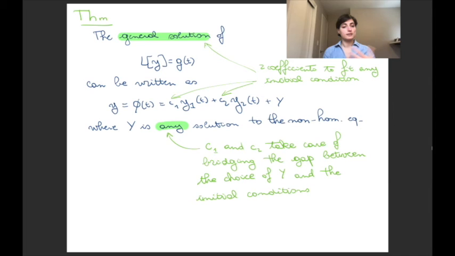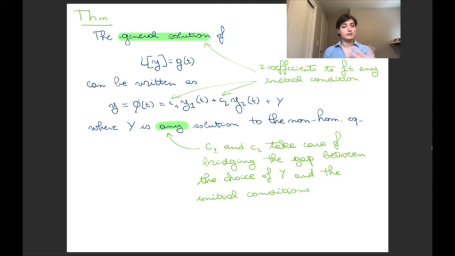How can we build any solution of the non-homogeneous ODE from any other solution of the non-homogeneous ODE? The idea is that while you fix capital Y to be any solution that you can solve, C1 and C2 allow you to bridge the gap between the choice of the specific solution of the non-homogeneous equation and the solution that you're interested in.